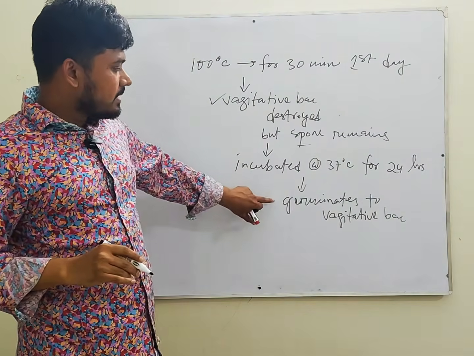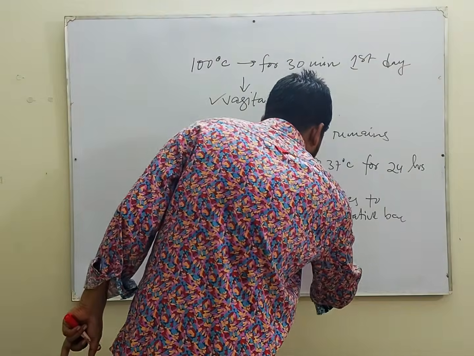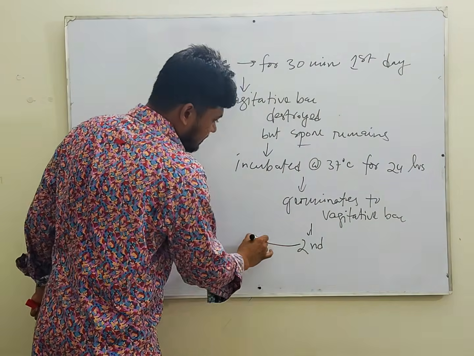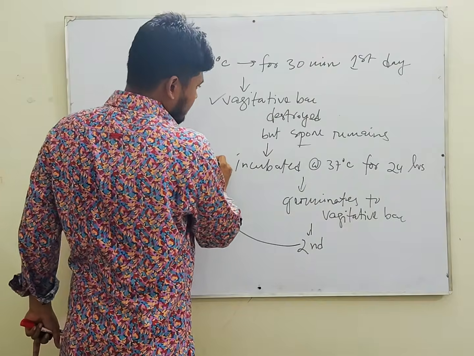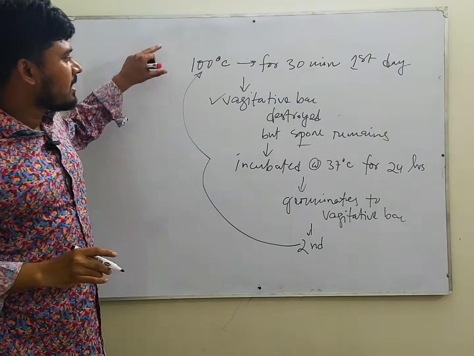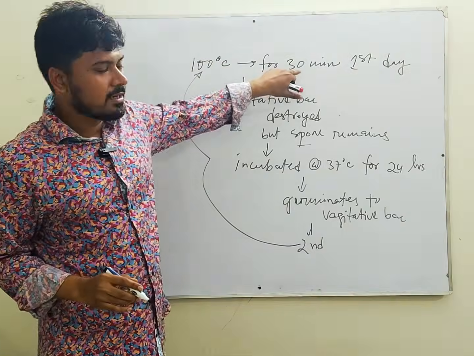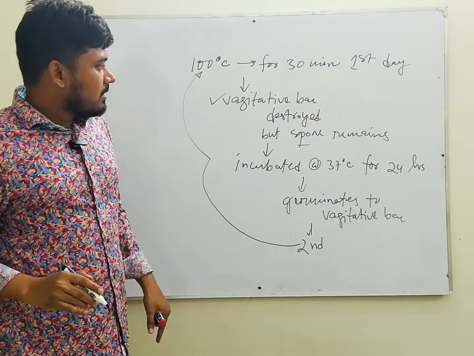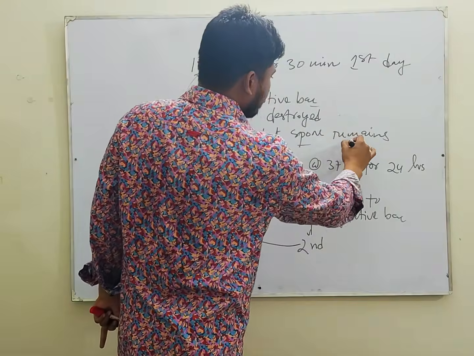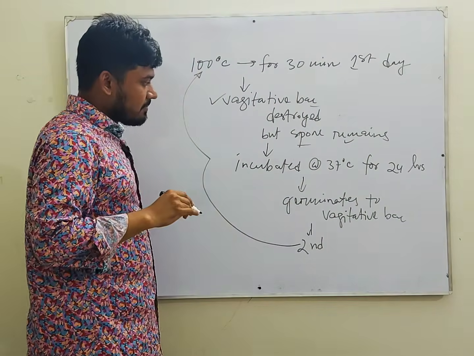After germination to vegetative bacteria, on second day, again heated at 100 degree centigrade temperature for 30 minutes. Then these vegetative bacteria are again destroyed, but some spore remains.